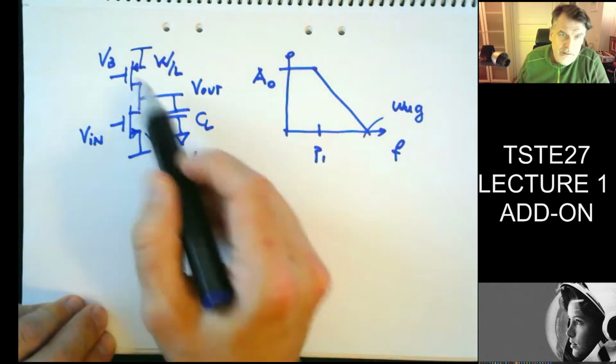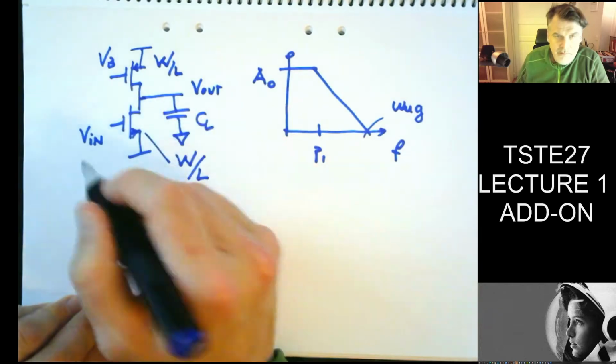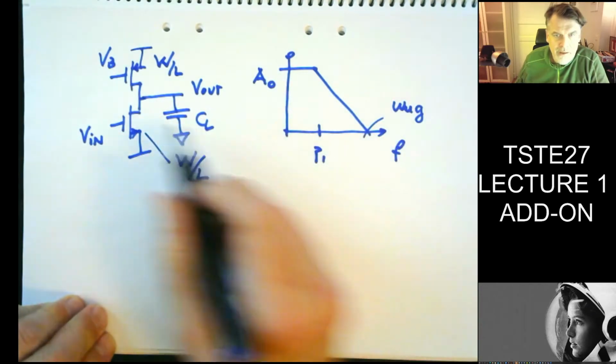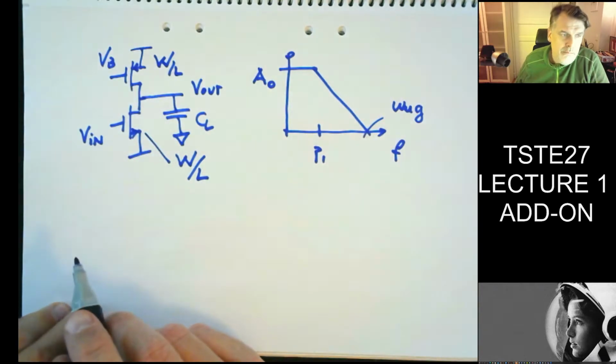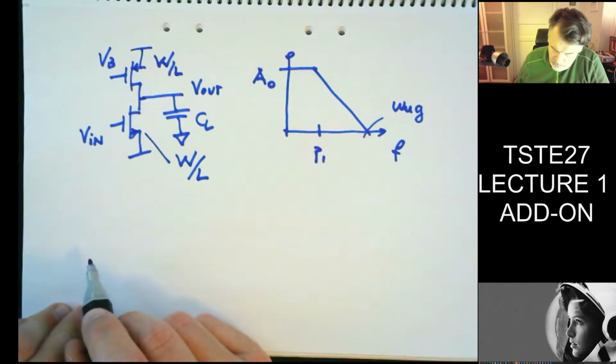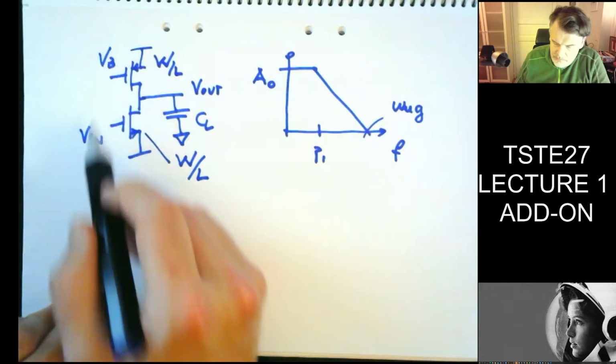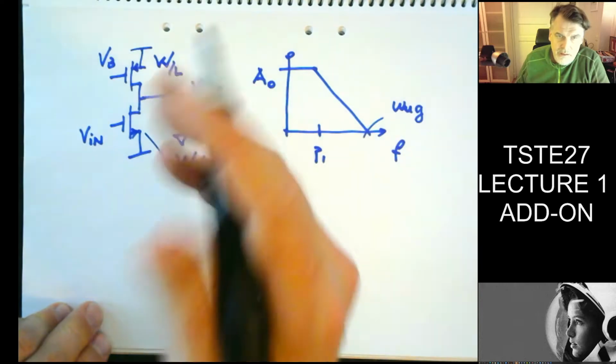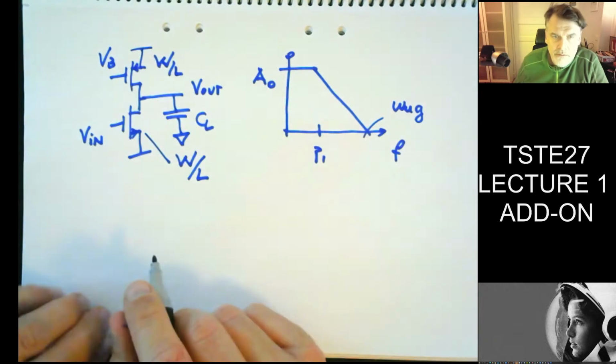And something which is hidden here is the channel length modulation of these transistors that affect the P1, the output conductance or impedance of this device. So we have 1, 2, 3, 4, 5, 6, 7, 8, 9, 10, VDD, 11 design parameters.